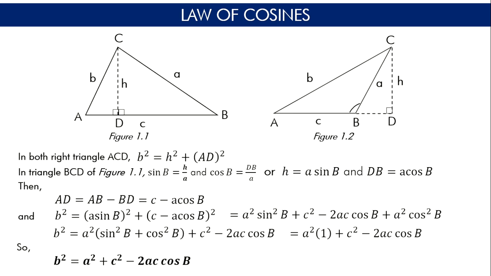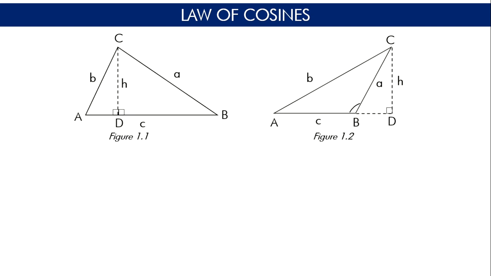Now, let's try to manipulate figure 1.2. In figure 1.2, we have here the sine of angle CBD, this one, is equal to h over a. And its cosine CBD is equal to the length of BD, the adjacent, over the hypotenuse, which is a.